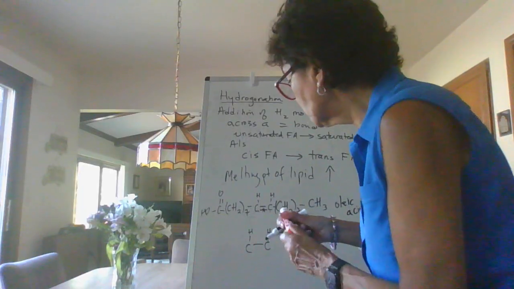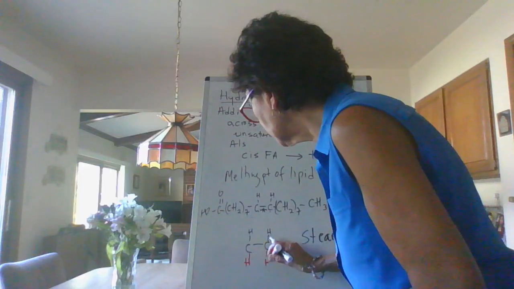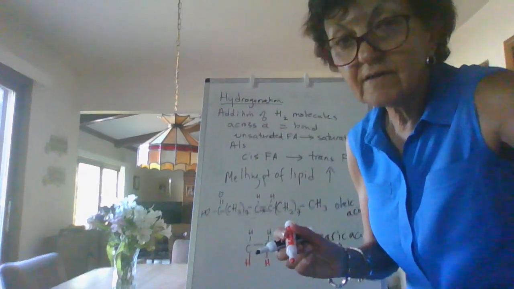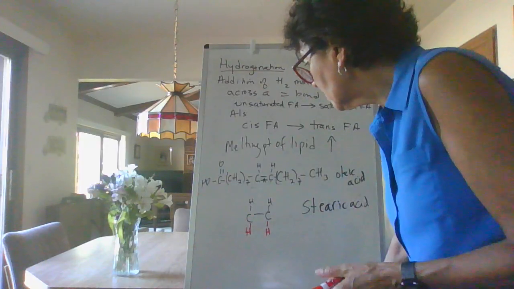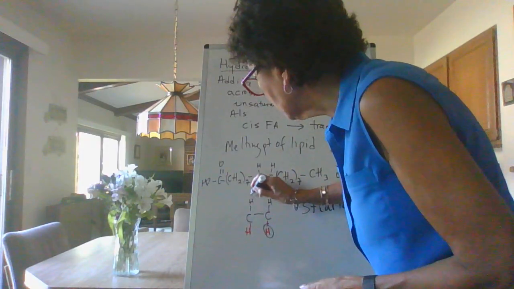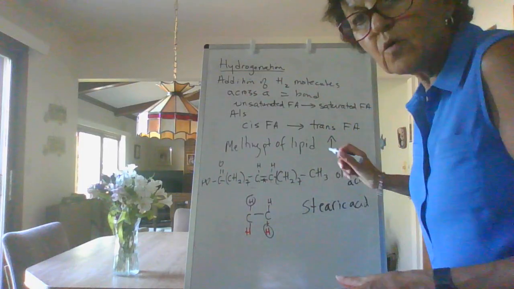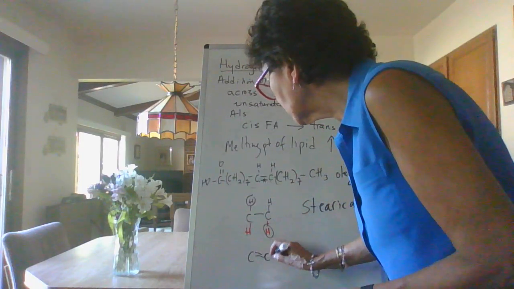And the two hydrogens come on, just like we did earlier. But then, and this is where it gets interesting, one from here and one from here go away, and you get a double bond again.